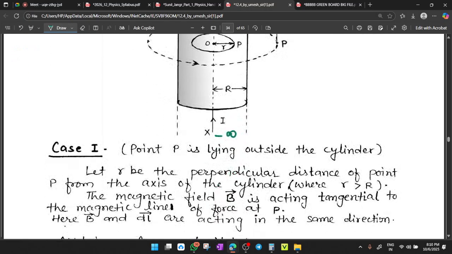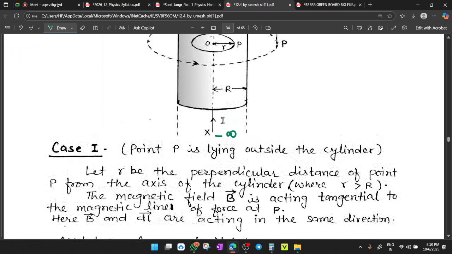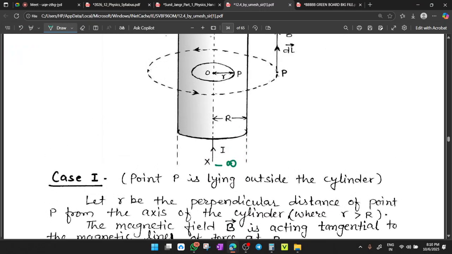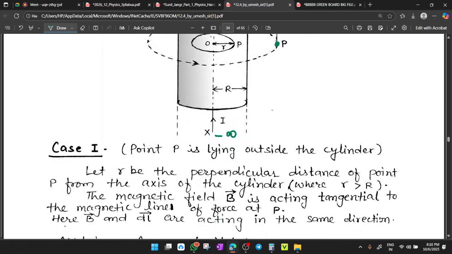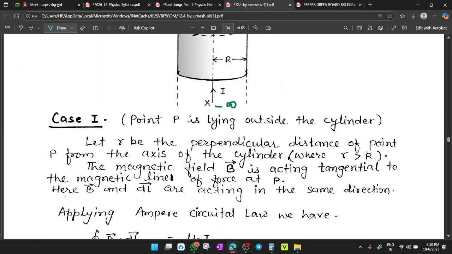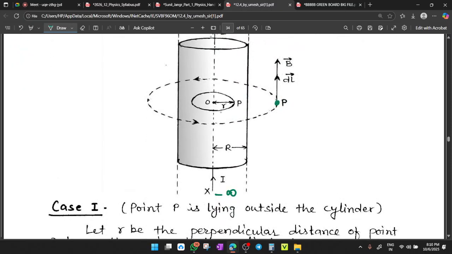See, first case: when point P is lying outside the cylinder. So we are deriving the case when point P is lying outside the cylinder. Let small r be the perpendicular distance of point P from the axis of the cylinder. So consider the distance of this point from the center of the cylinder as small r for the first case.